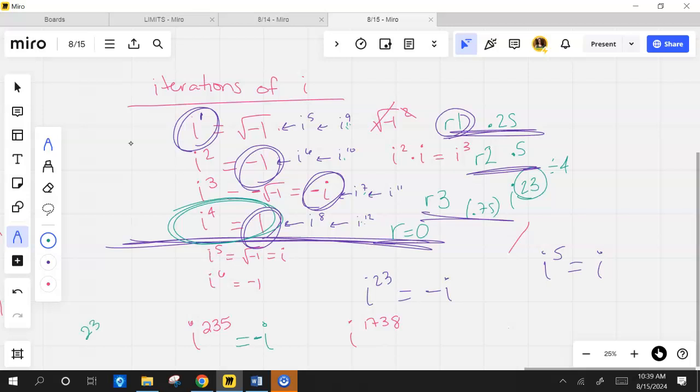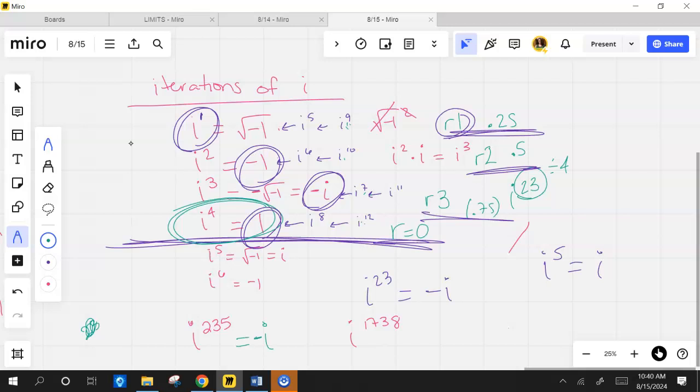You want to be the teacher? Explain it. You just get that number and divide it by 4. And then whatever the decimal is, so it's 0.75, it's a quarter, 1 quarter, 2 quarters, 3 quarters, 4 quarters. And so it's 3. What's the other one? i to the 1738.